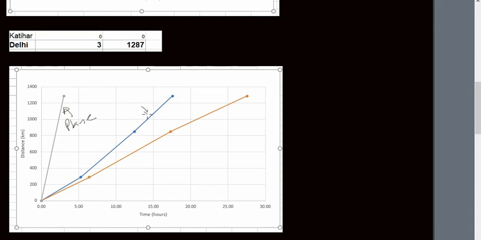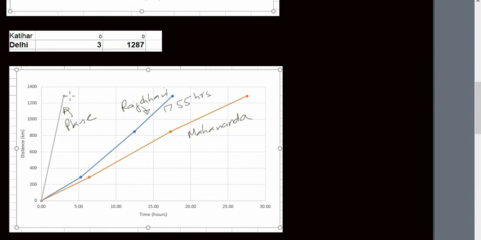This is for Rajdhani. And this is Mahananda. So when you look at the time, Rajdhani took 17.55 hours to reach Delhi.